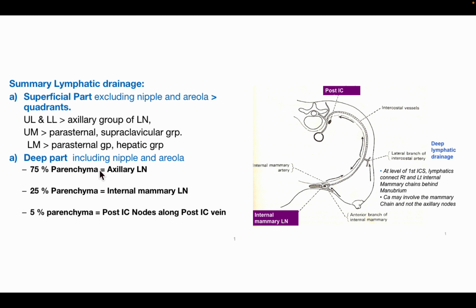The deep part including the nipple and areolar area: 75% of the parenchyma drains into the axillary lymph nodes, 25% into the internal mammary lymph nodes, and 5% into the posterior intercostal lymph nodes along the posterior intercostal vein. Can you see here? Along the posterior intercostal vein to the posterior intercostal lymph nodes.